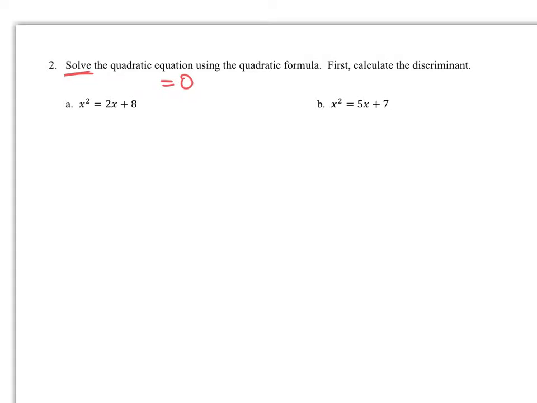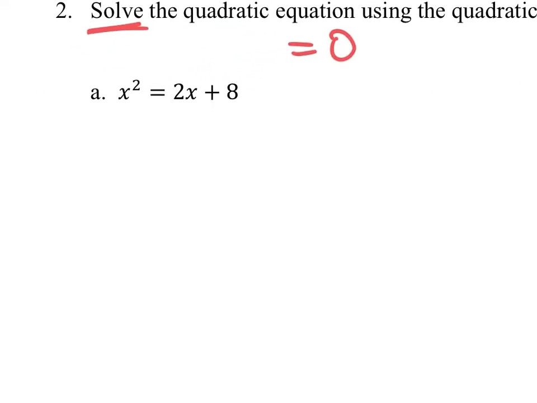In order to do that on this particular problem, we need to get the 2x and the 8 to the left-hand side. So we need to do inverse operations to move the 2x and the 8 to the left. So our inverse of both those positives would be to subtract.